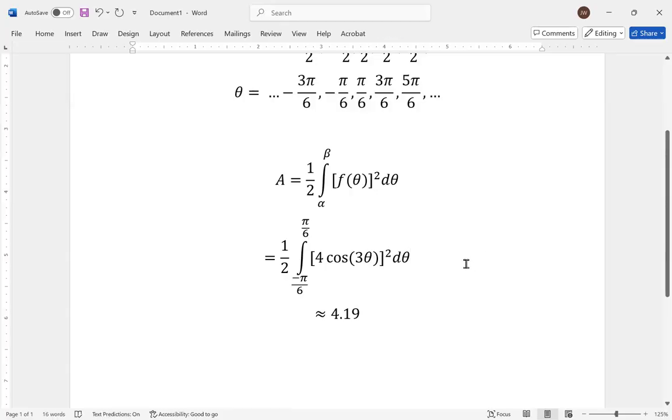And then obviously just pick 2 of them. I should say pick 2 subsequent, like the back-to-back versions. One for your alpha, one for your beta, whichever one we go with. So there is the area of one petal of the rose curve.